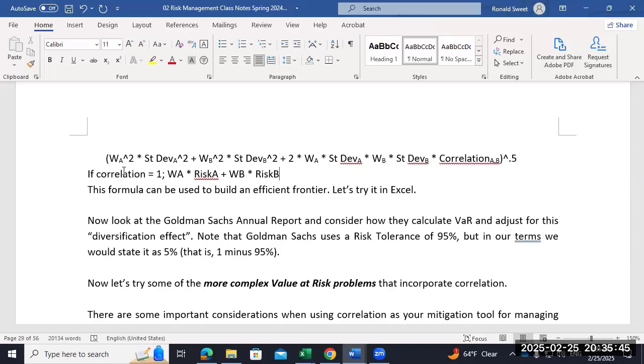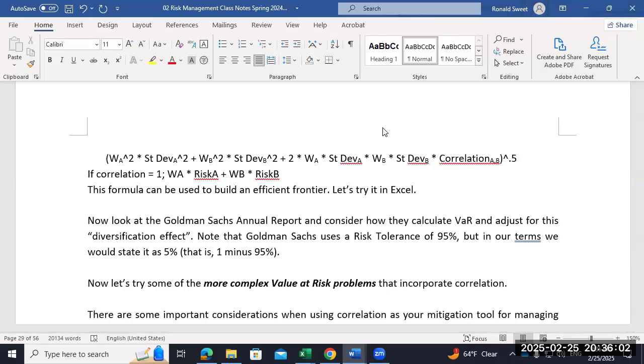What's the expected return? The weight of A times this return plus the weight of B times this return. Correlation doesn't impact return. Correlation impacts risk unless the correlation is 1, then you just weight them and add them up.